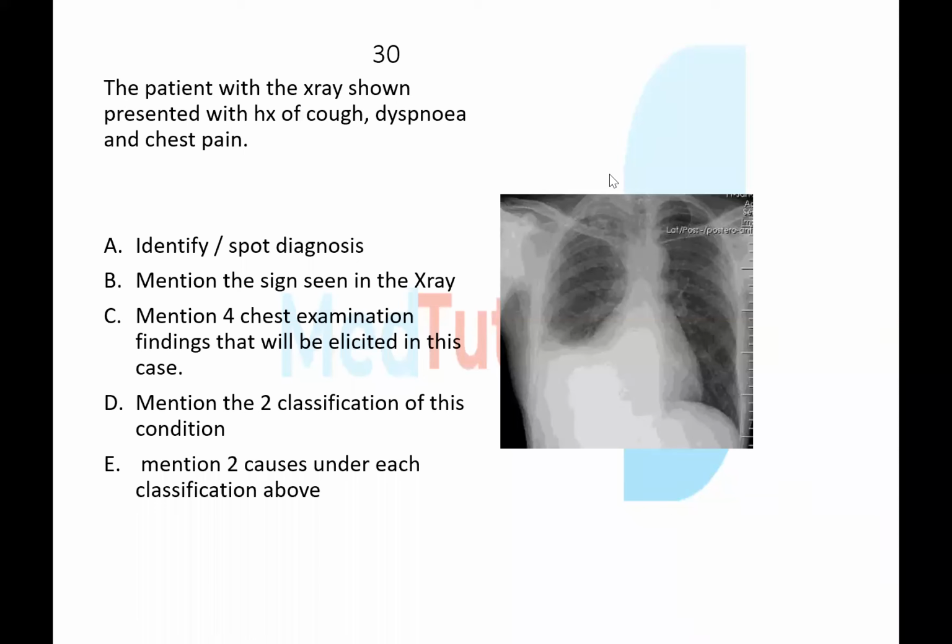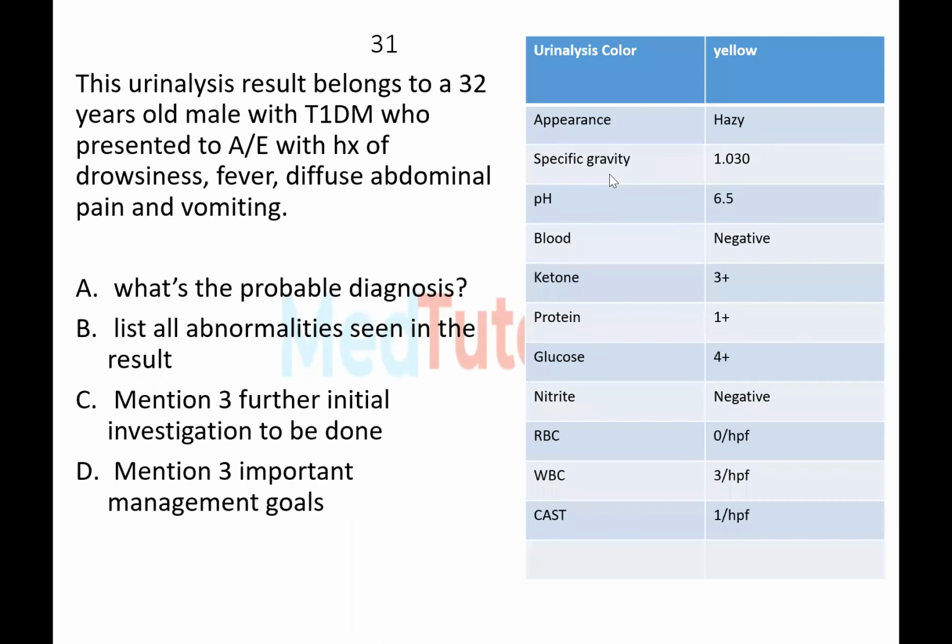Okay, next slide. All right, so this is data interpretation. We have a urinalysis of this patient that has type 1 DM.